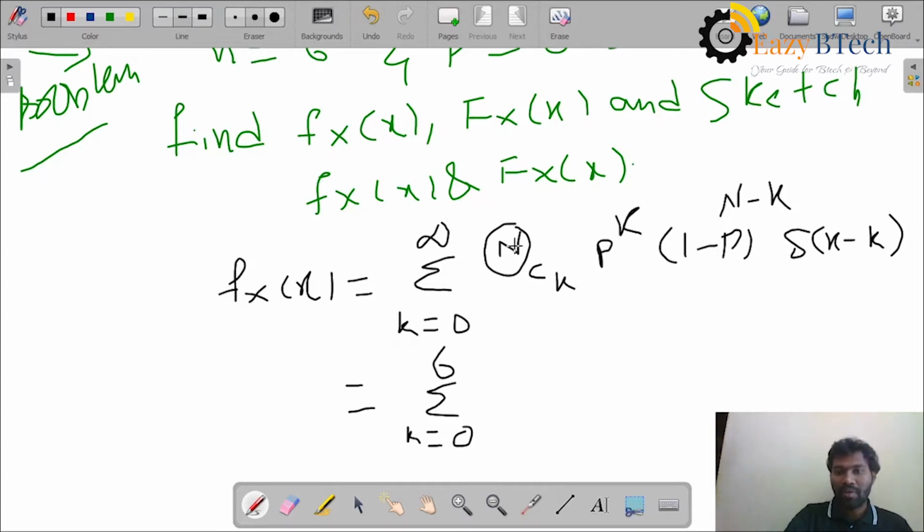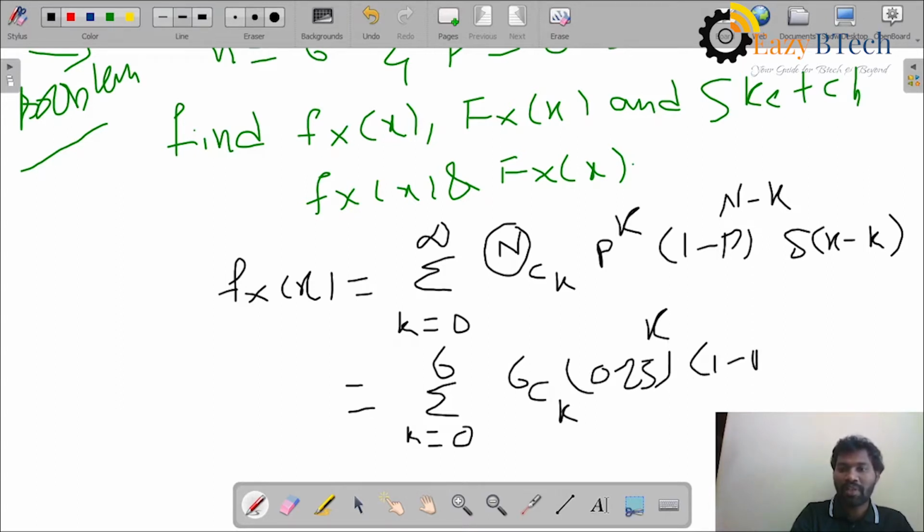Because we have 6C6; if you put k equal to 7, 6C7, there is no such possibility. So 6Ck, p means 0.25 whole power k, 1 minus p means 0.75 whole power 6 minus k, into delta of x minus k.